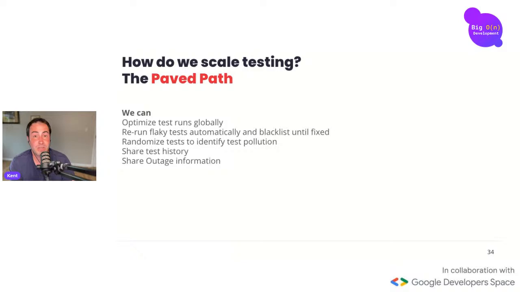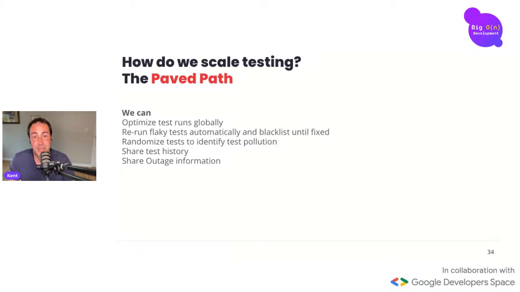We could rerun flaky tests for people to see if it was actually a problem with the way the test was written, or a problem with the code that was written. And then we could also automatically blacklist that test and tell the owner of that test to go fix it if it was repeatedly flaky. We could randomize tests when we're running them so that we could identify whether or not there's test pollution.